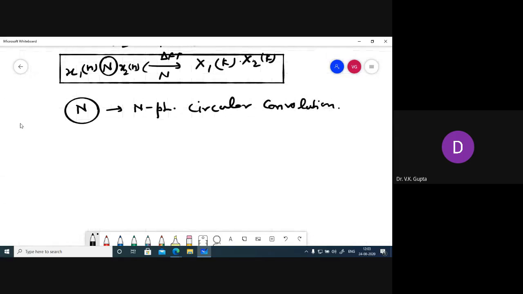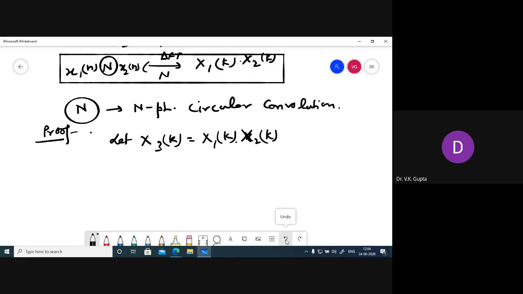First we do the proof of this property, then we go to some examples of circular convolution and its applications. So let's have the proof of this circular convolution. Let X3(k) be equal to X1(k) into X2(k).